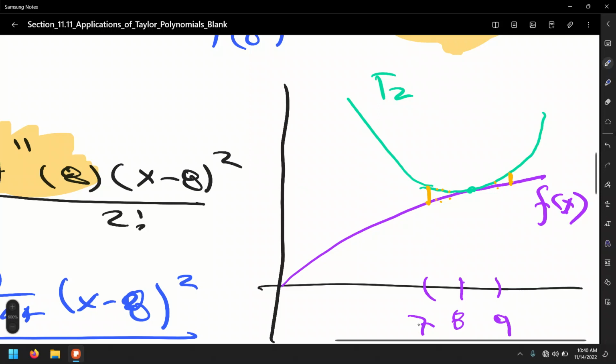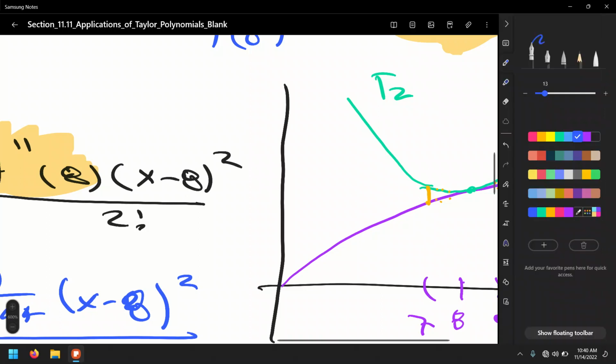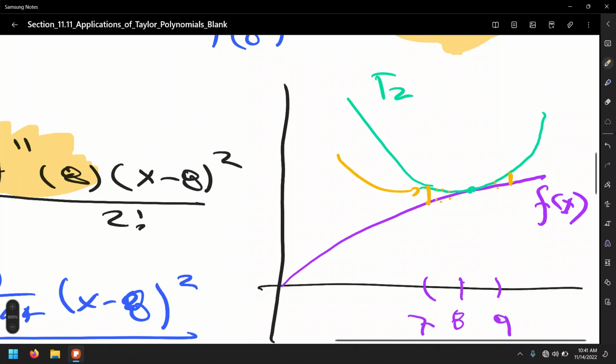At the endpoints 7 and 9, this means that the largest difference between the approximated value and the actual value is at most 0.34%. All right? That's what that value from the inequality that we obtained represents.